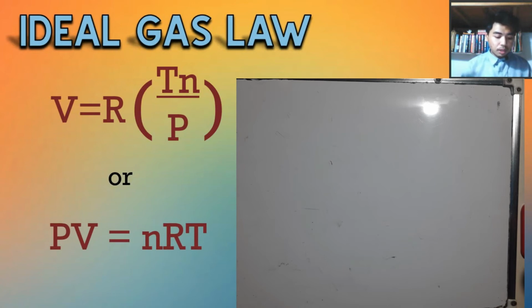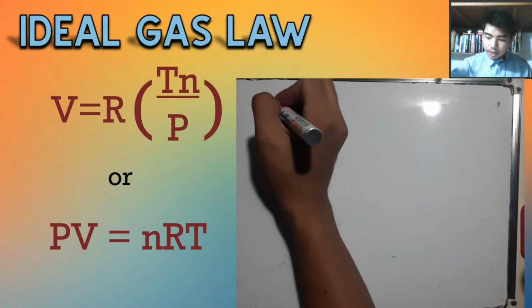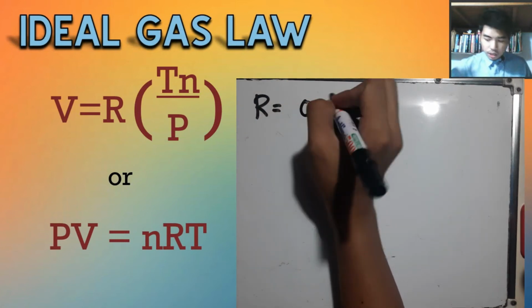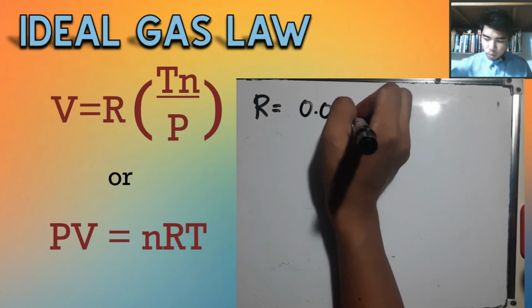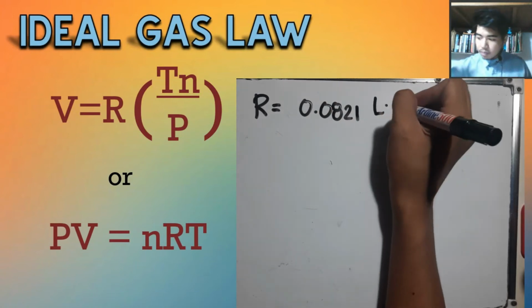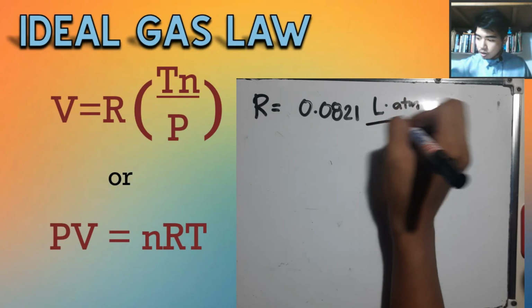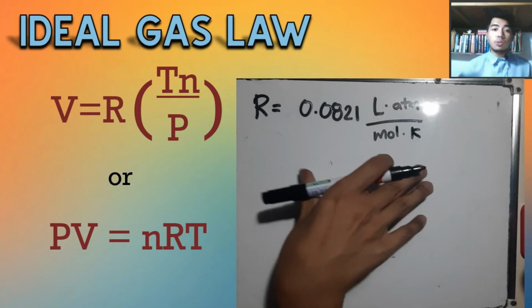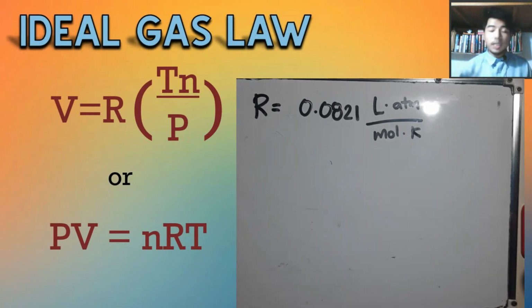Now, whenever we are talking about R, it is equivalent to the constant value that's present among all ideal gases. And that constant value is equivalent to 0.0821 liters times atmospheres over mole times Kelvin. So this is now the unit and the value of R. Okay? Always remember that this is a constant value, 0.0821.